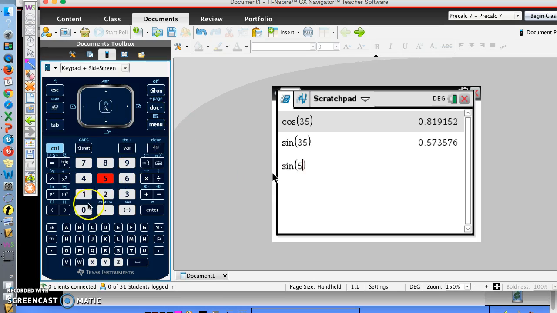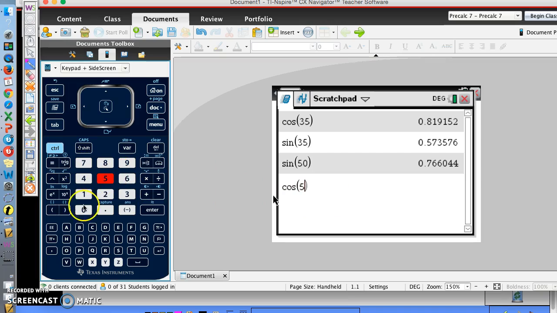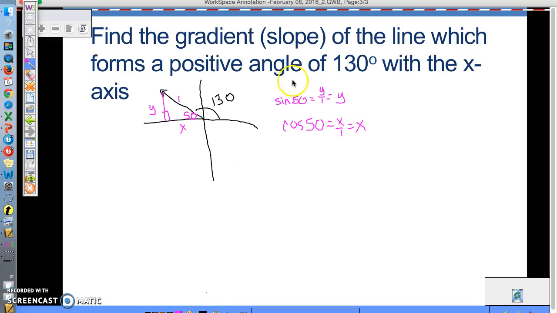Sine of 50 and the cosine of 50. So we have 0.64 and 0.77. So this is 0.64, 0.77. So right here, 0.64, 0.77. And we have to find the slope.